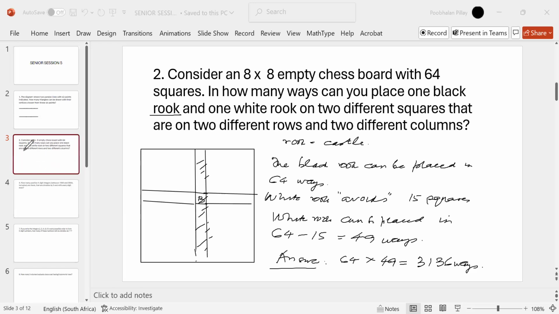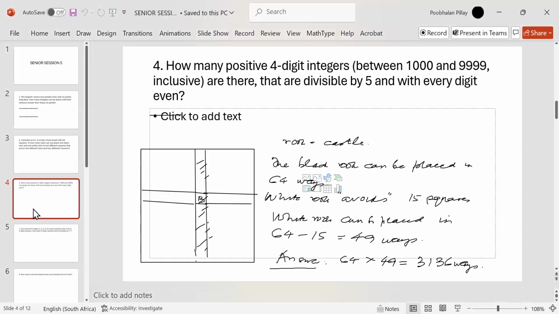So let me now go to the third problem. Okay, let me clear all these drawings.